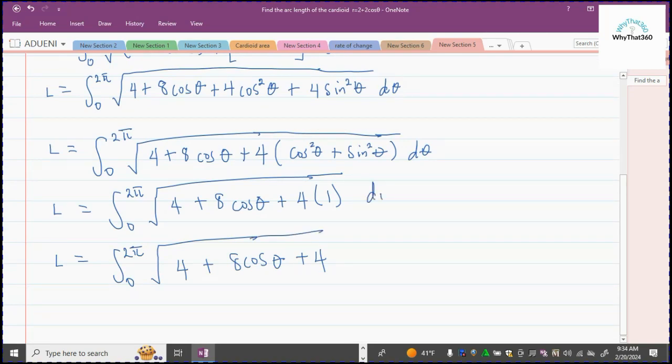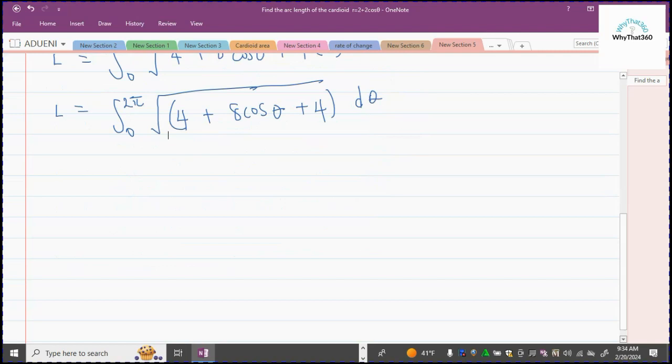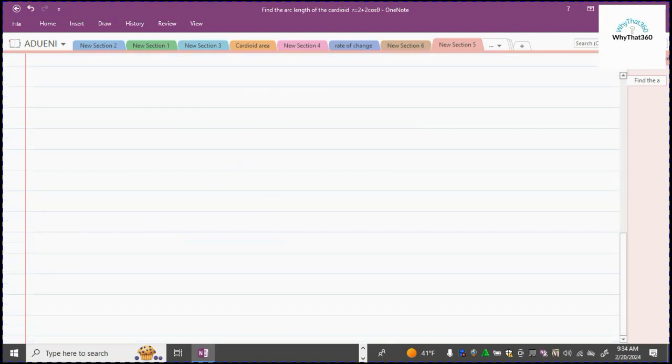Sorry, I forgot to add the theta here, so that's the same thing here. So this is what we get. You can see we can add like terms here. We have 4 plus 4 inside the radical sign.